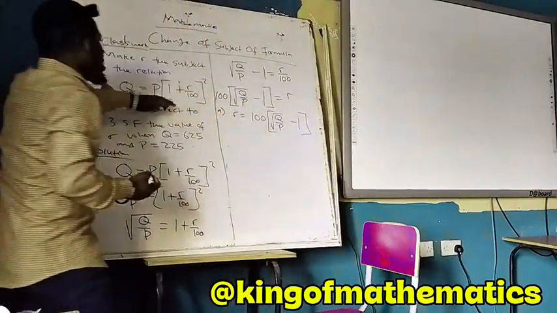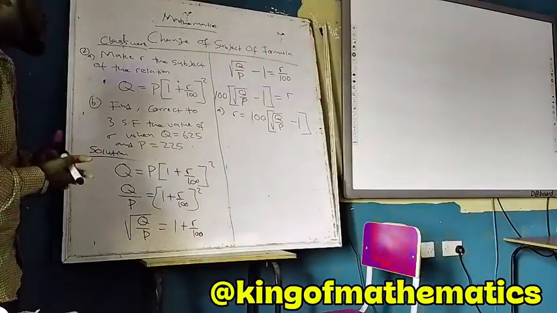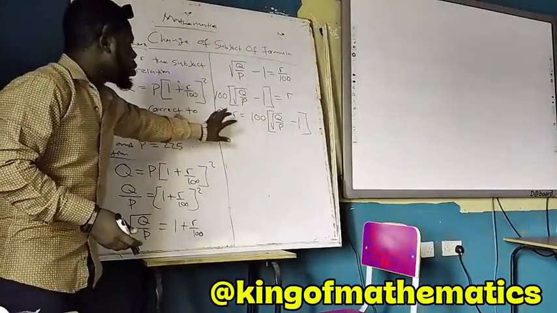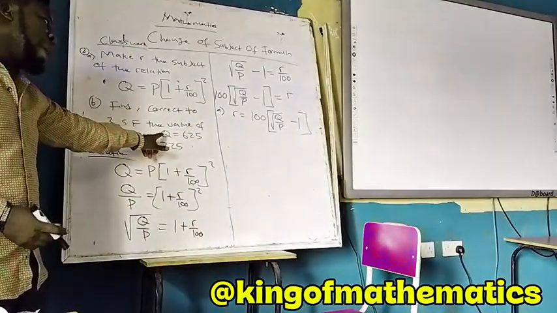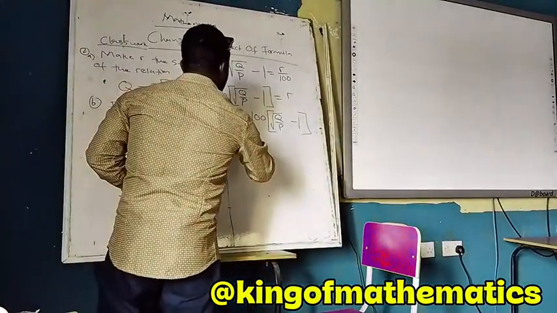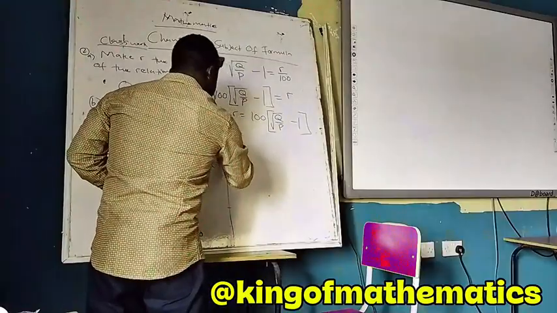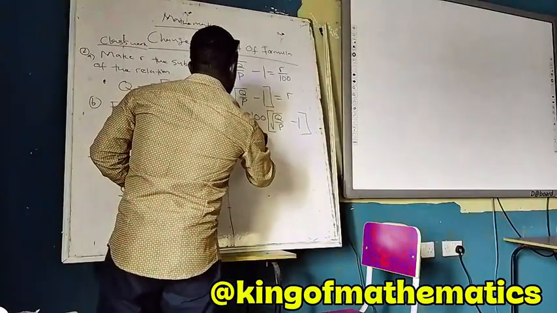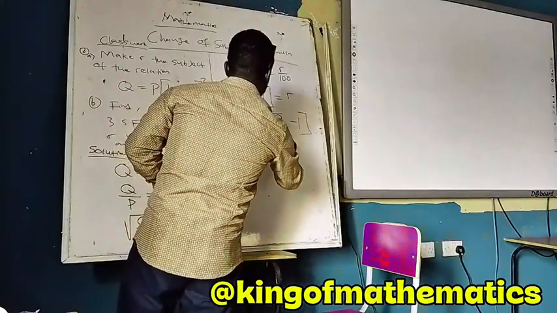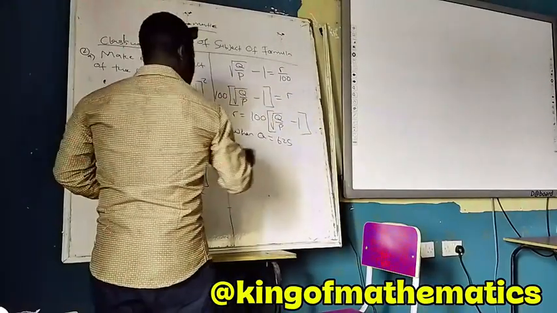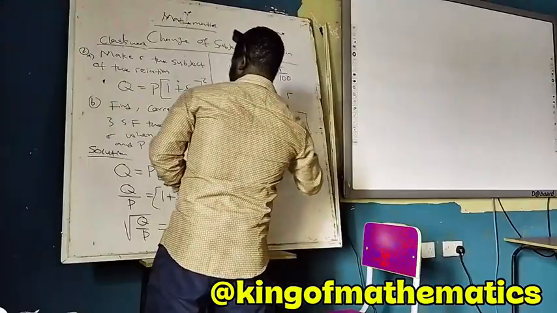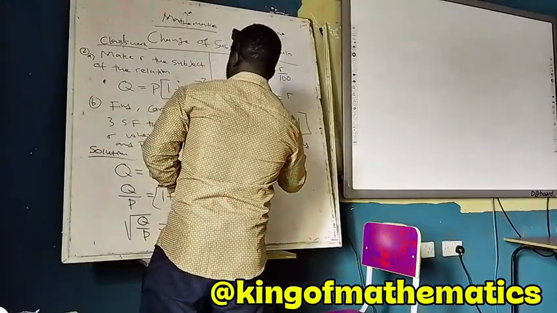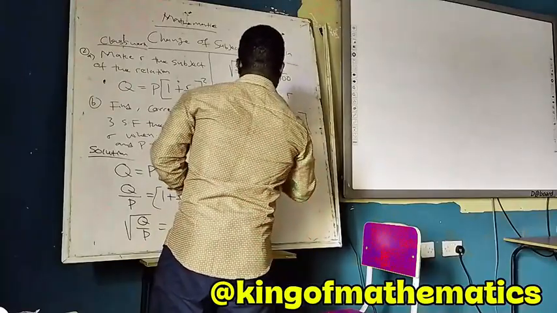Naturally, looking at this formula, that's the formula of compound interest. So let's now find the value when Q is this. So R will equal, so let's write, when Q equals 625 and P is equal to 225.